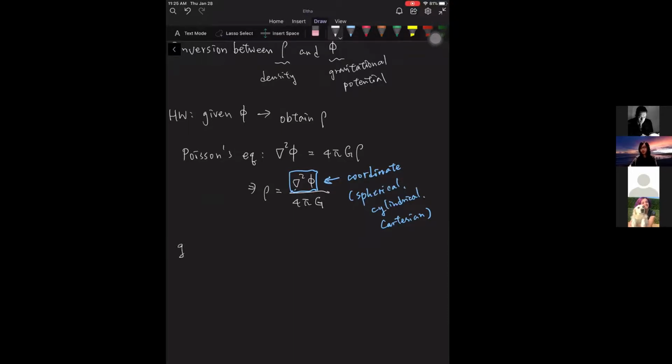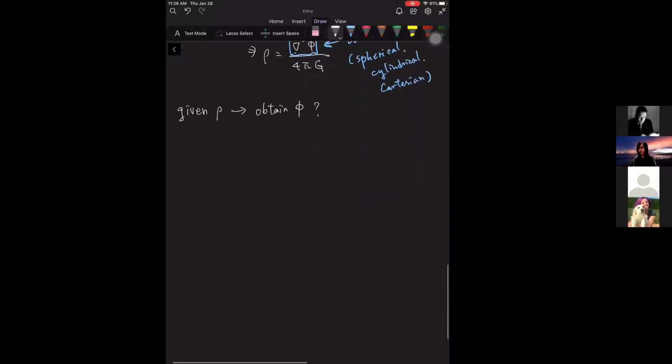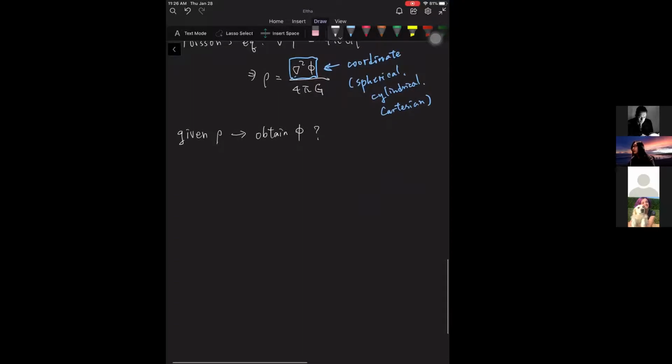What we will instead do in the problem session is the inverse version. If we have a given density distribution, how do we obtain the gravitational potential form? All right, so today I will use the singular isothermal sphere density distribution, which is probably also mentioned in class, right?